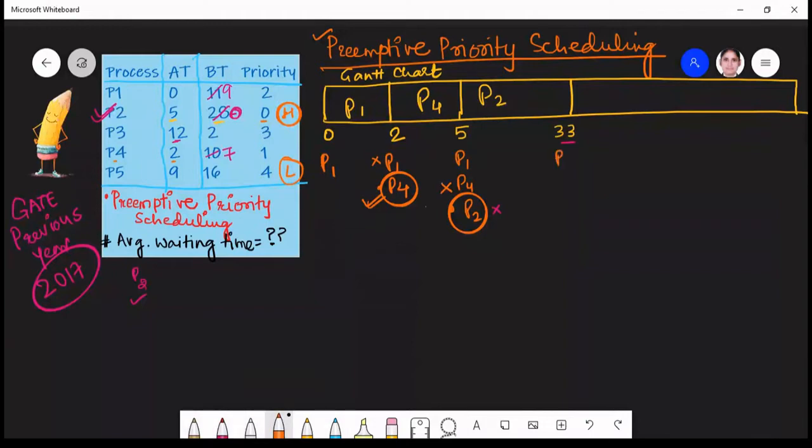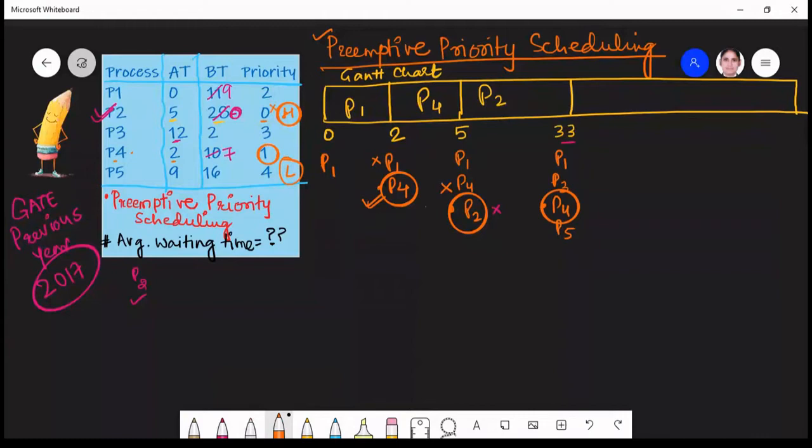So P1, P3, P4 and P5 are there. After this, who is the next highest priority process? P4 is the next highest priority process. It is not going to preempt P2, because P2 has already completed its execution.